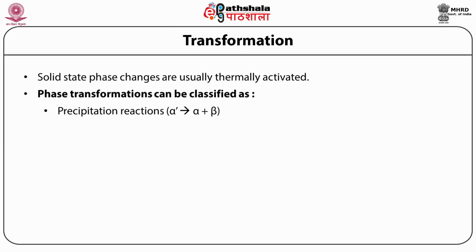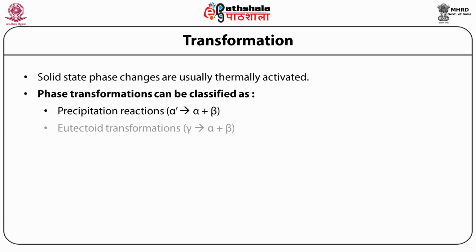Second type of transformation is eutectoid transformation, where gamma changes to alpha plus beta.